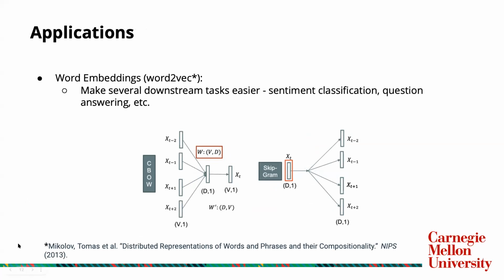I've cited the paper at the bottom of the slide, and those of you who aren't familiar with this are recommended to go ahead and read this paper, because you'll probably see this time and again in a lot of NLP literature. In this paper, the authors proposed a method to basically learn representations for a dictionary of words. And these representations make several downstream tasks easier, such as sentiment classification, question answering, and so on and so forth.